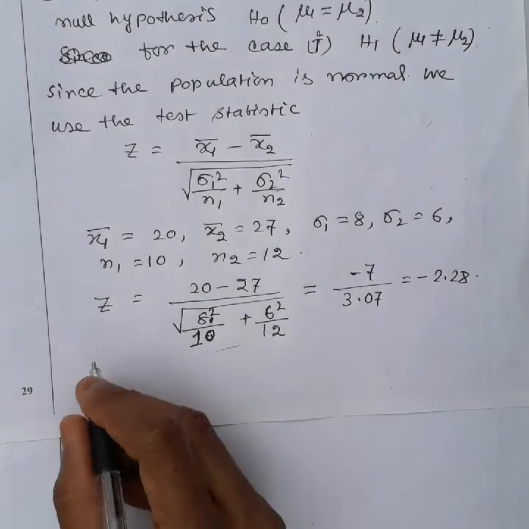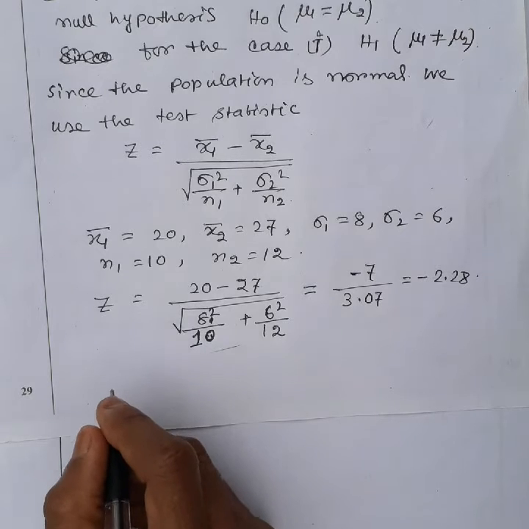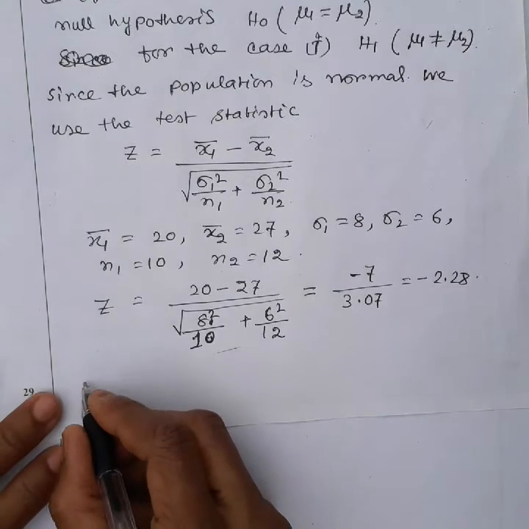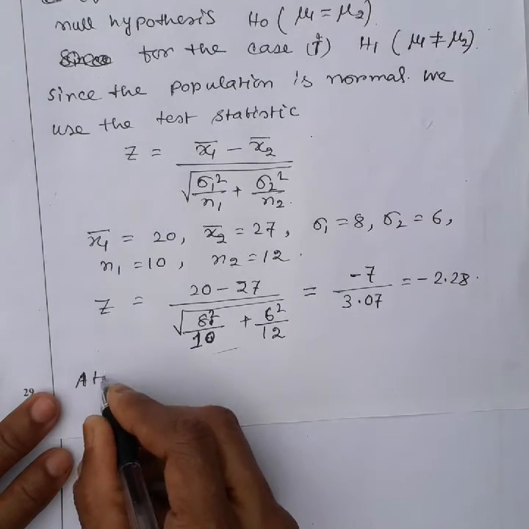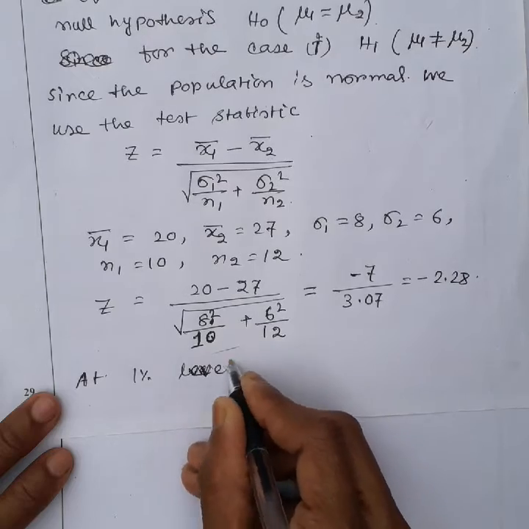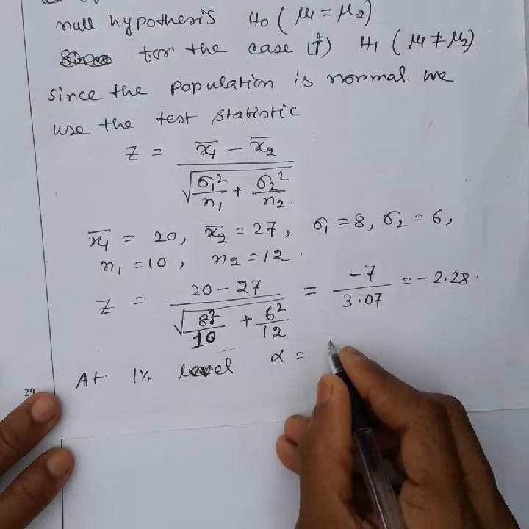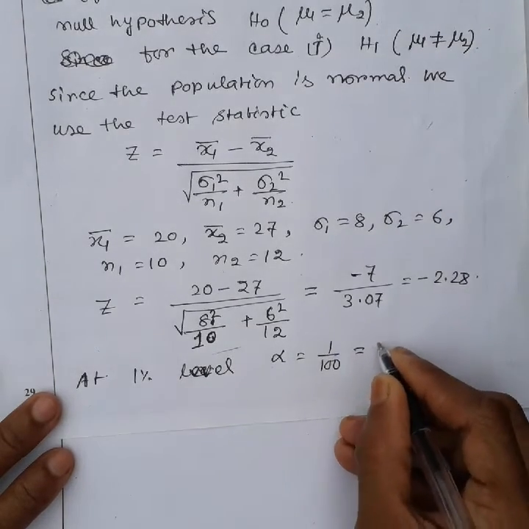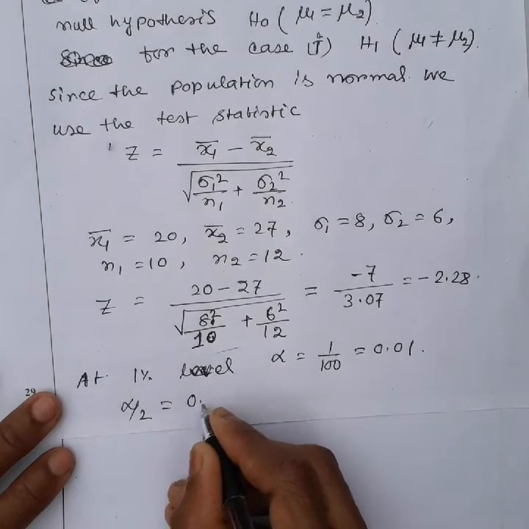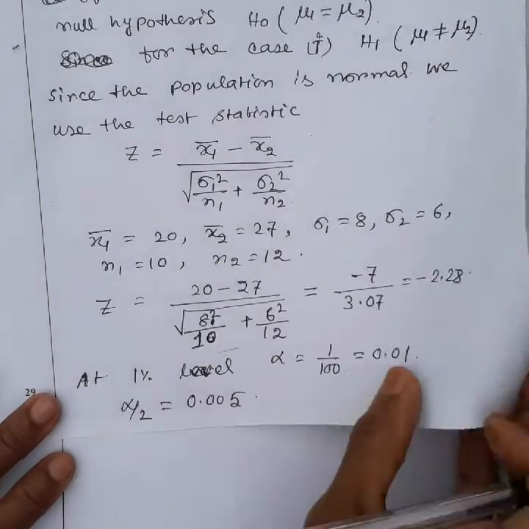Okay, and as here the alternative hypothesis is mu1 not equal to mu2, that means both sided. So at 1% level, alpha is equal to 1 by 100, that is 0.01. That means alpha by 2 is equal to 0.005.